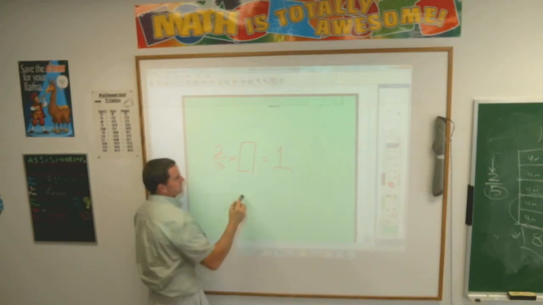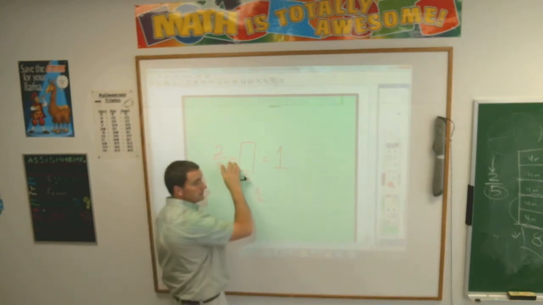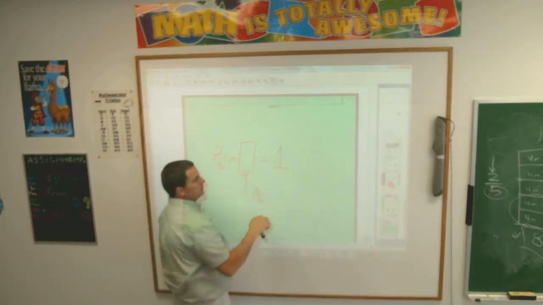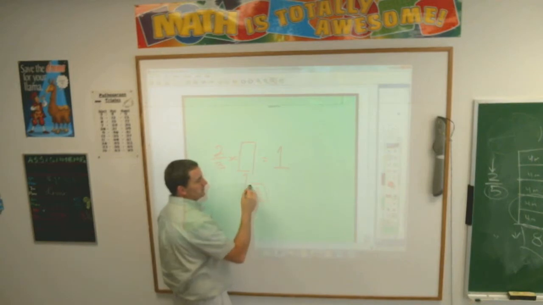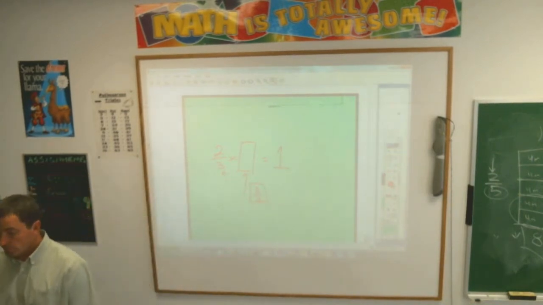Madison? 3/2. Yep, 3/2. Anytime you see a fraction and it equals 1, you should always think about the reciprocal, because that's what they're probably looking for you to get as the answer.